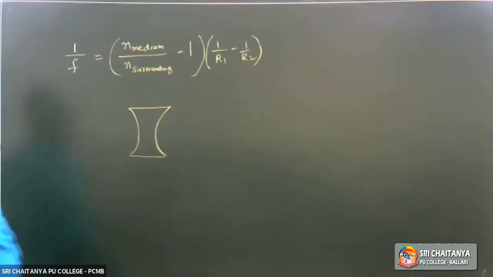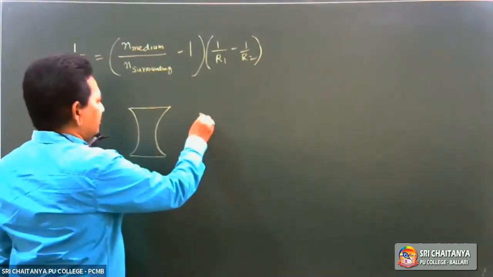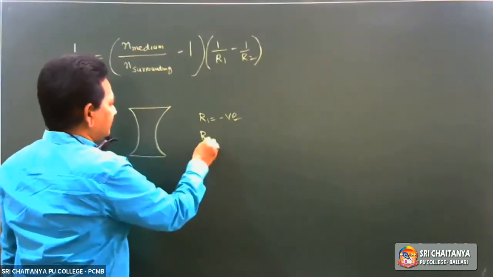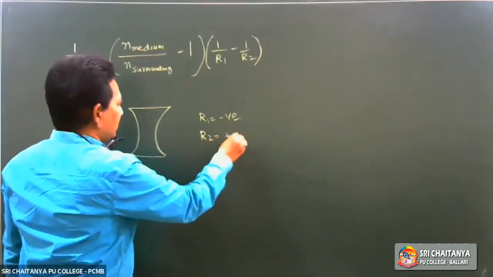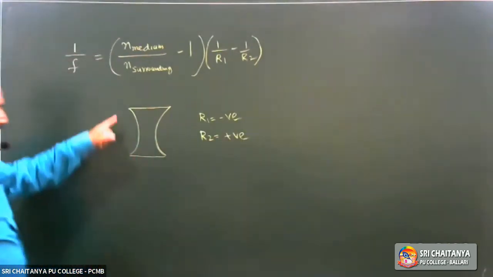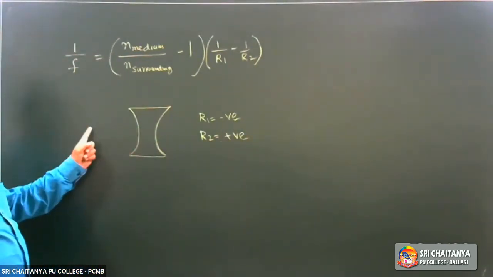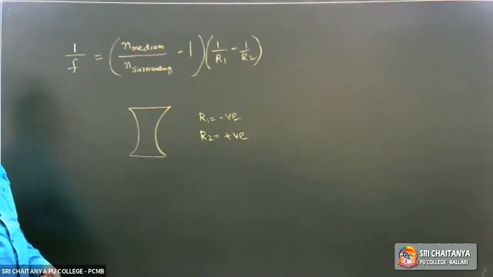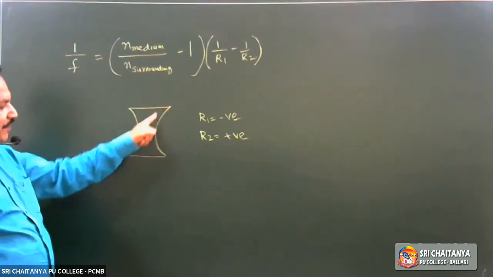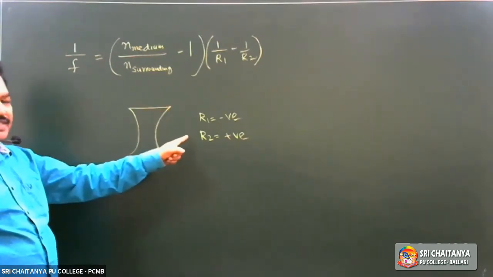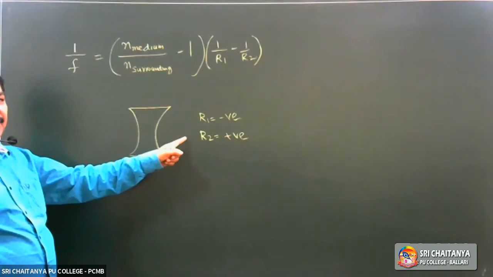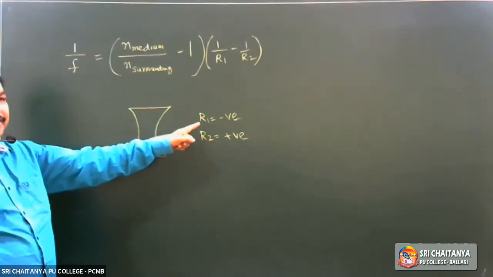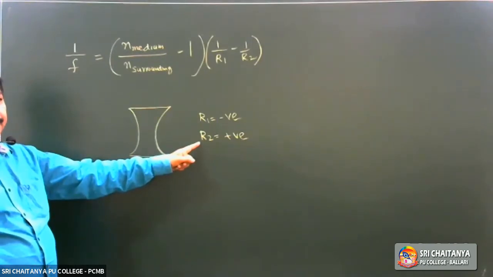If it is a biconcave lens, R1 value is negative and R2 value is positive, because the center of curvature for the first surface will be on this side, measured opposite to the direction of the light ray. The center of curvature for the second surface will be on this side, in the direction of the light ray. So for a concave lens, R1 is negative and R2 is positive.